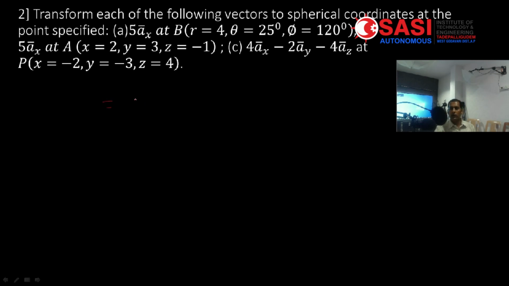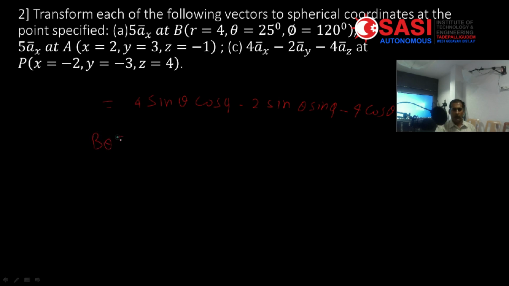Here I am writing the solution for this. We will get 4 sin theta cos phi minus 2 sin theta sin phi minus 4 cos theta. So this is for BR.